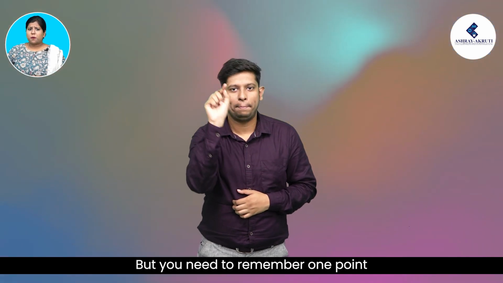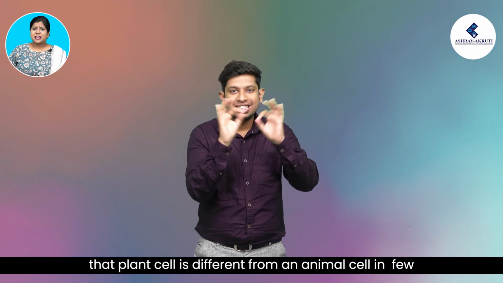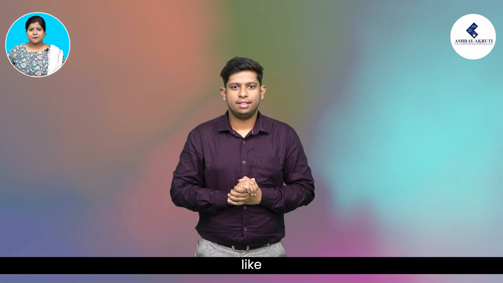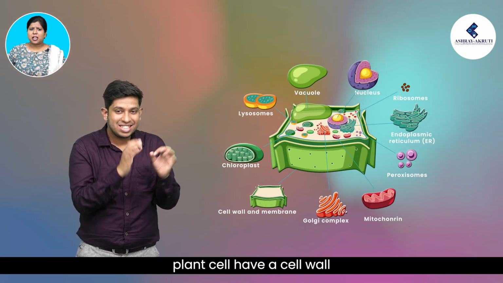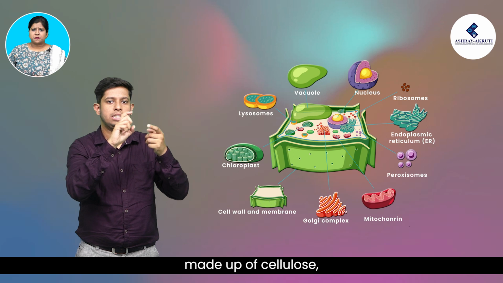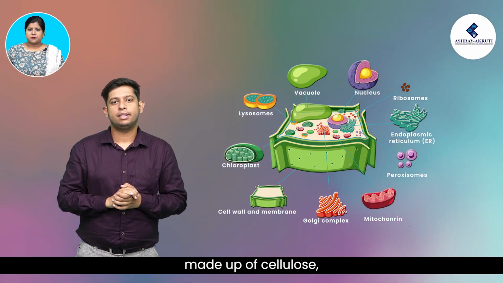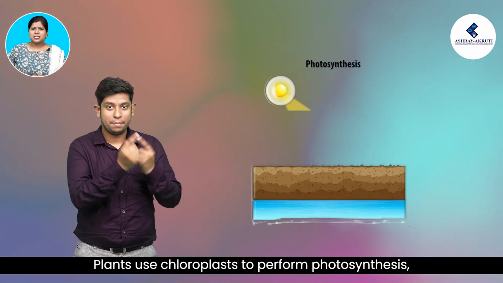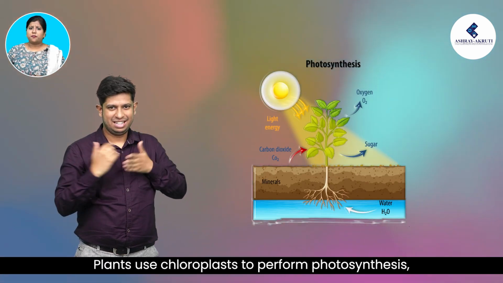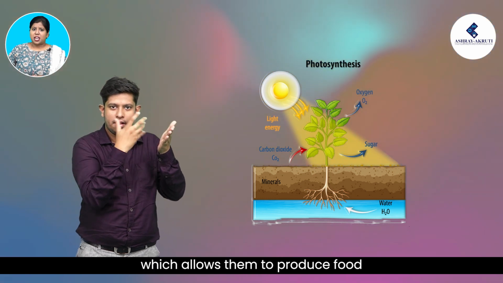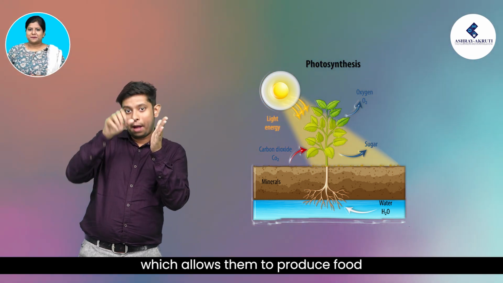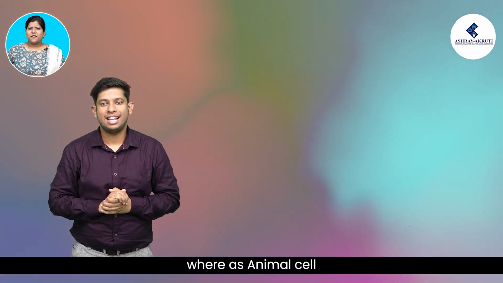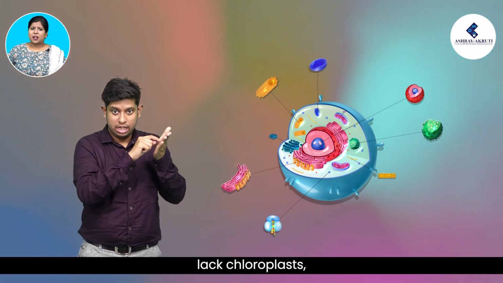But you need to remember one point, that a plant cell is different from an animal cell in a few aspects. Plant cells have a cell wall made up of cellulose, whereas animal cells lack a cell wall. Plants use chloroplasts to perform photosynthesis, which allows them to produce food, whereas animal cells lack chloroplasts.